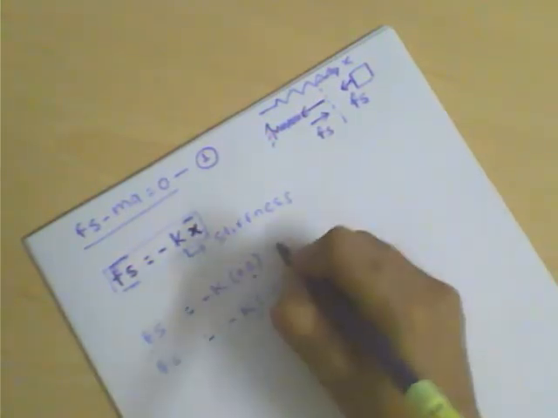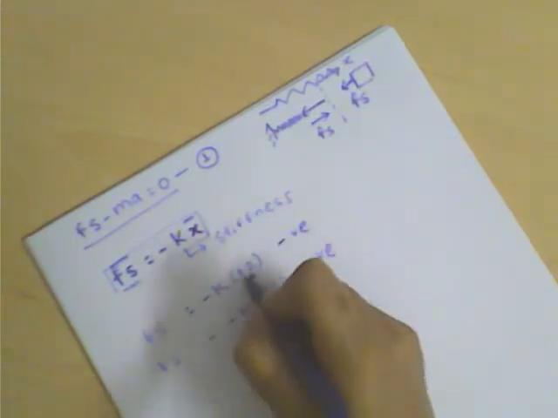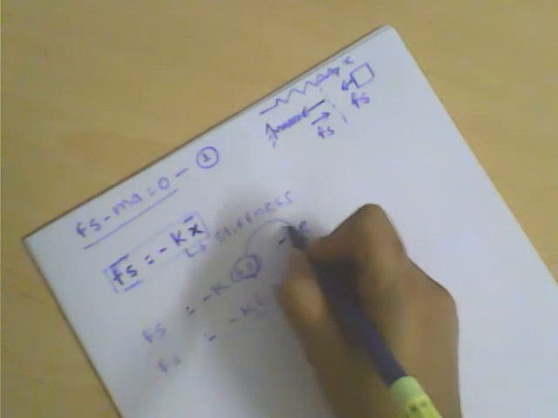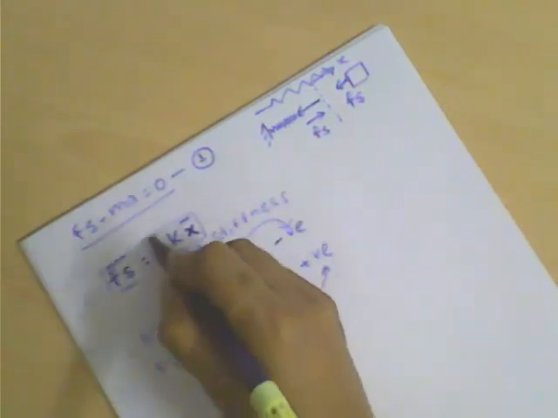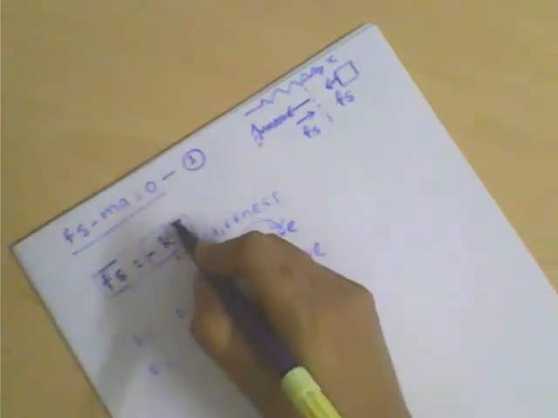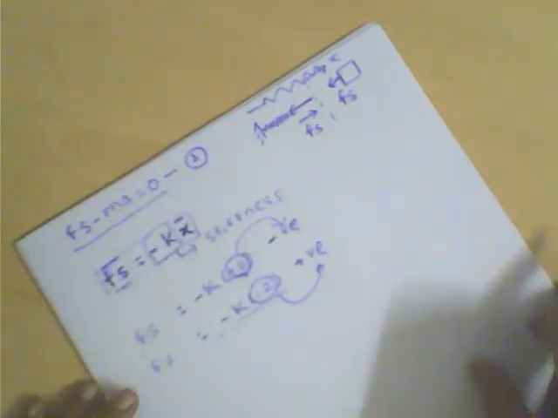So Fs will be negative here, Fs will be positive here. Since x is positive here, Fs will be negative. Since x is negative here, Fs will be positive. So this takes care of it. You don't have to write down these signs separately for x and Fs. It's there in it.